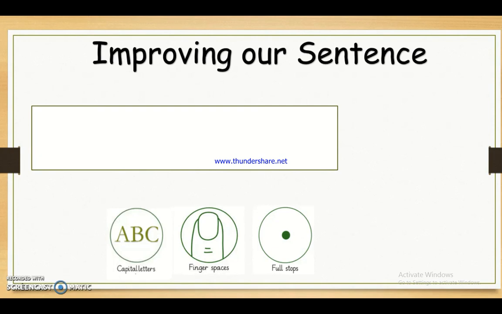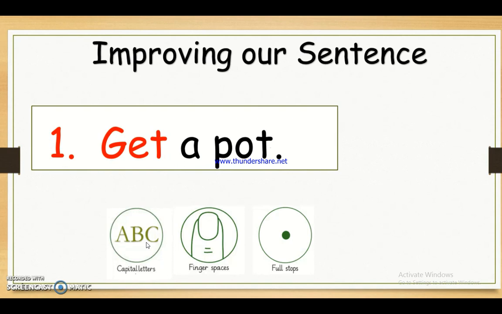So here I'm going to tell you something that is very important I told you about before, which is that you need to begin with the capital letter and you need to put a full stop at the very end. Okay? Like here, the capital letter for get, and to leave a finger space between each word and the other one.